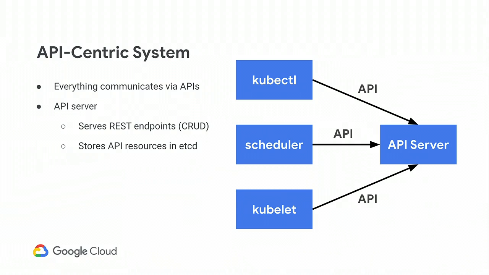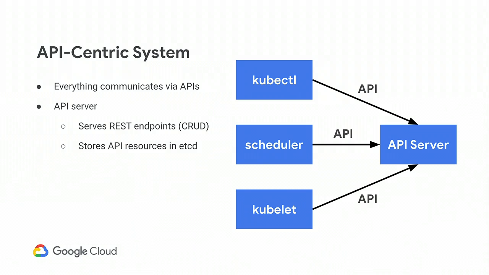Kubernetes is an API-centric system. What this means is that everything communicates through the APIs. The API server is the center of universe in Kubernetes. It powers all the APIs. It serves the REST endpoints, supporting all the common cloud operations like creates, gets, updates, deletes.